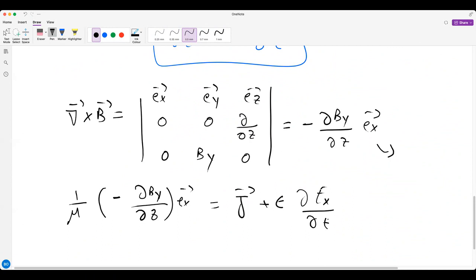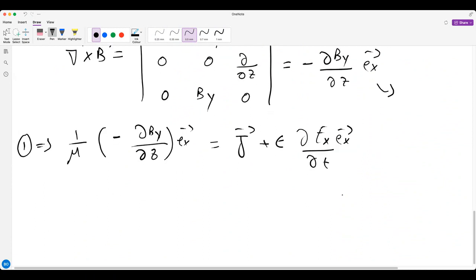This is equation 1, and this is along ex, because it is along the x-axis. Now we know that J is equal to sigma E.